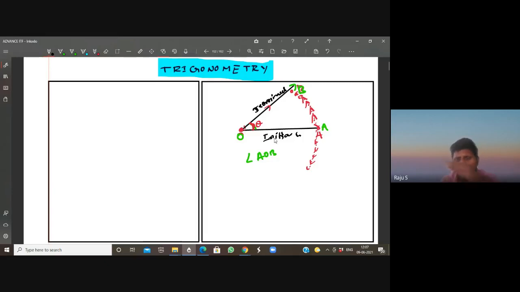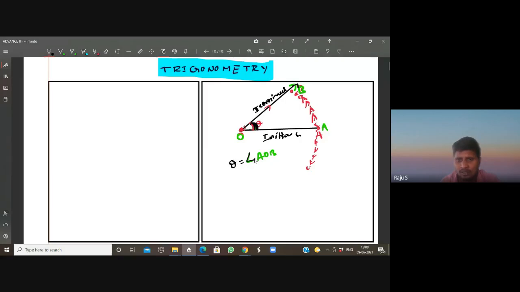When it rotates some amount of angle, we get a final position, called OB, the terminal side. The amount of this rotation from the initial side to the terminal side is called the measure of the angle. It can be denoted by theta.